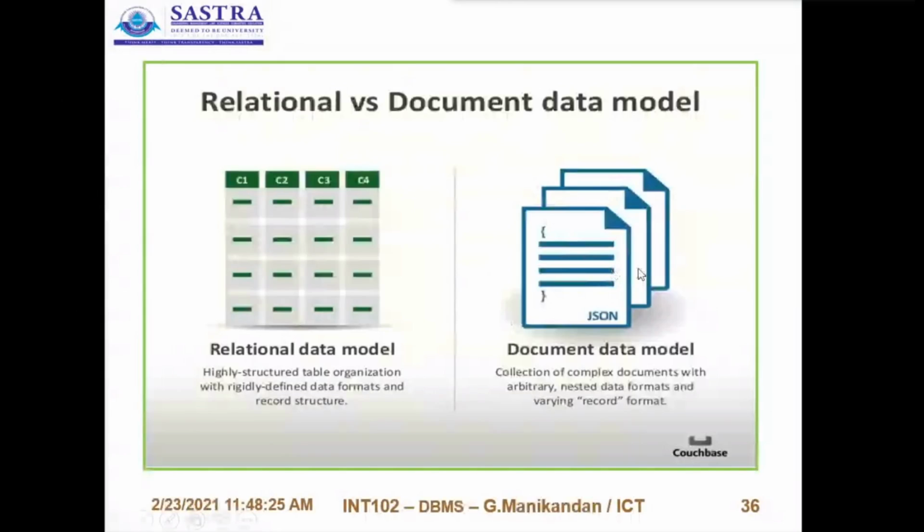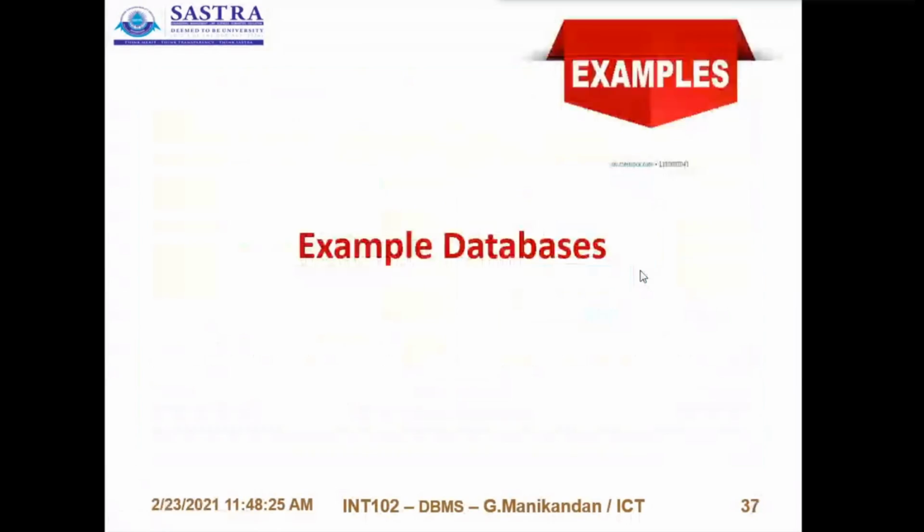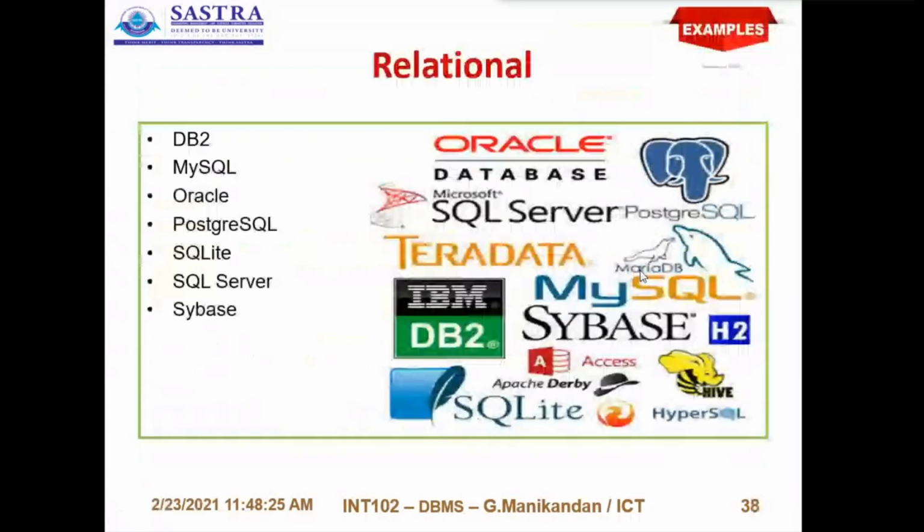This document model comes under the category called non-relational database. These are some examples of relational databases: DB2, MySQL, Oracle, PostgreSQL, SQLite, SQL Server. All these are examples of relational databases.